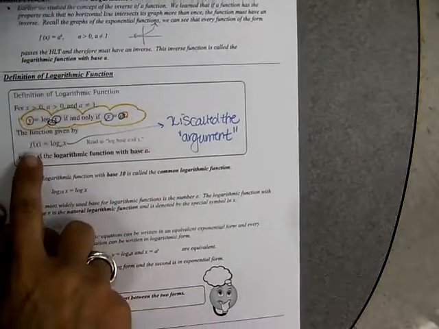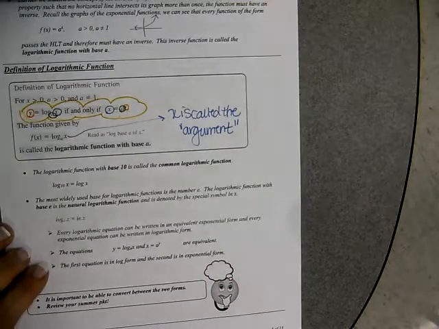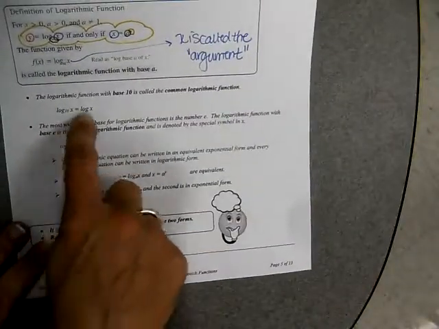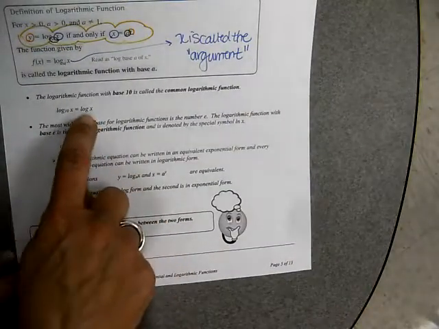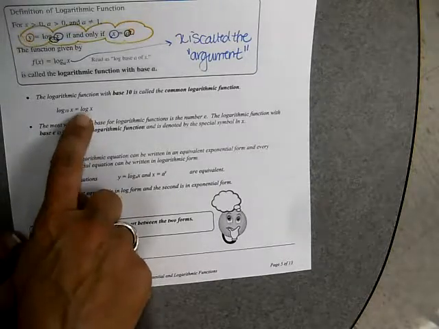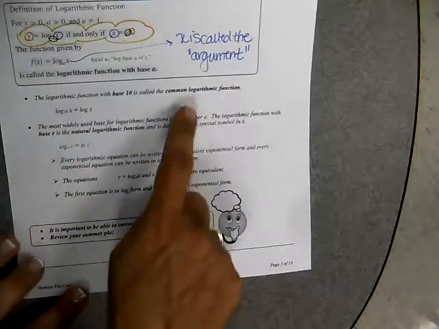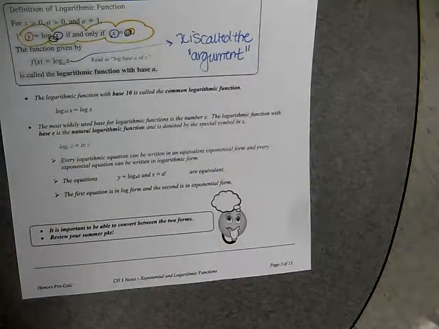And so this function given by f of x equals log base a of x is called the logarithmic function with base a. One thing you may have seen before is just log x. When there is no base present and you see the log function, it is understood to be base 10. And that's the common logarithmic function.